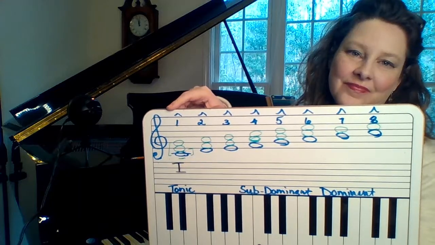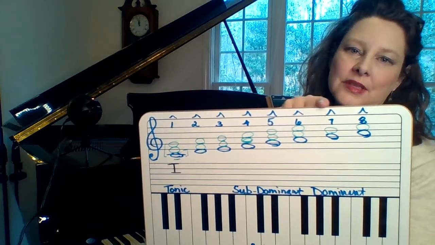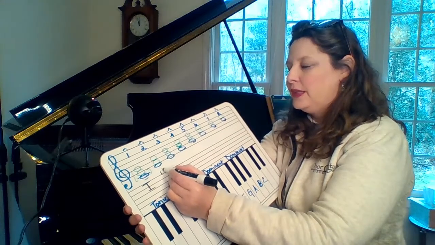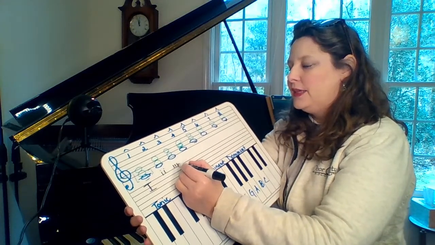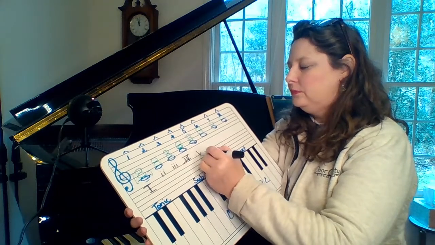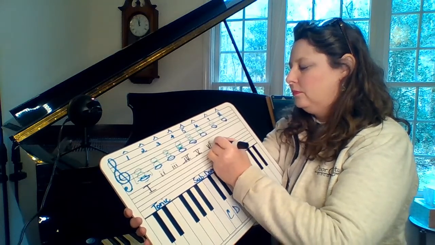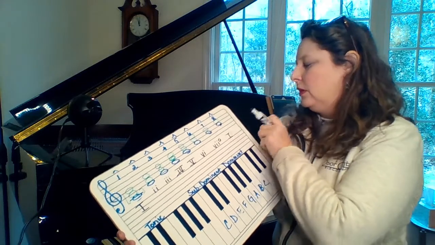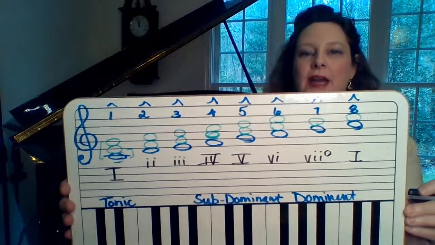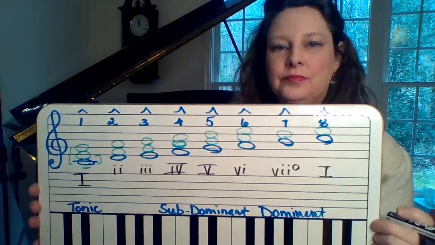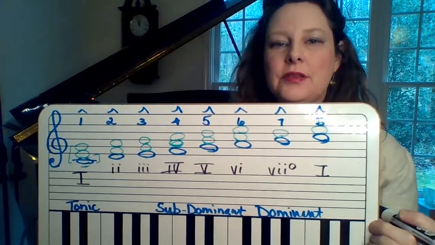Okay? And I'm going to continue up the scale, and I'm going to number these first, and then I'll explain what they are and why they are written the way they are. Okay, so now I have all of my Roman numerals placed underneath the chords.